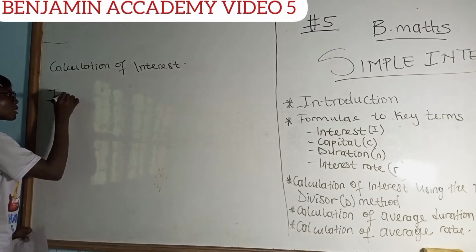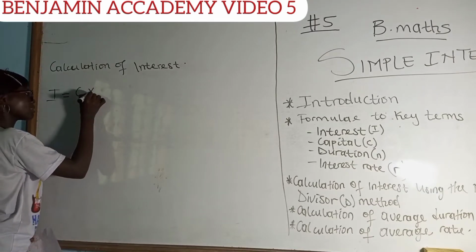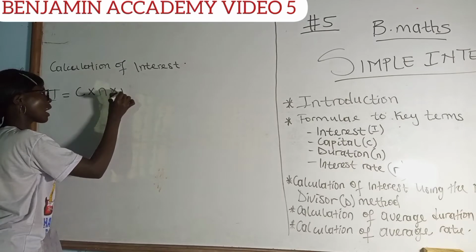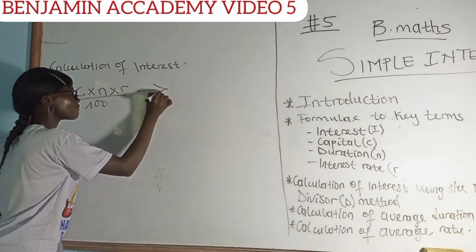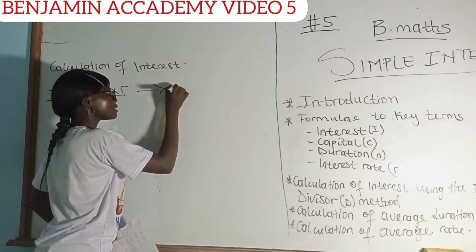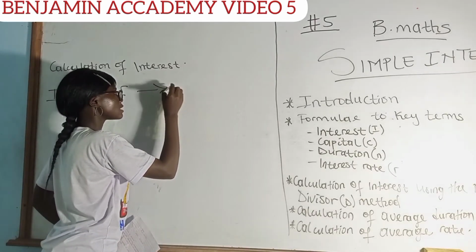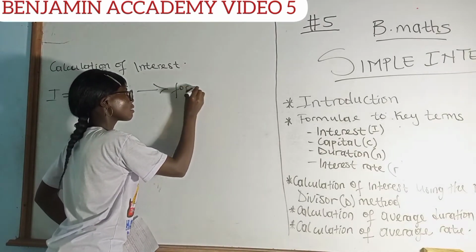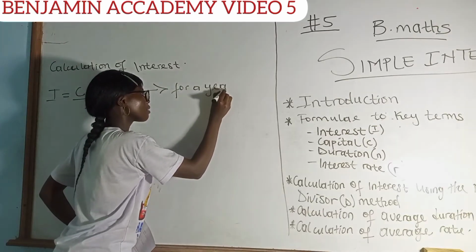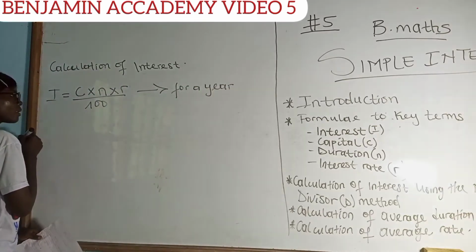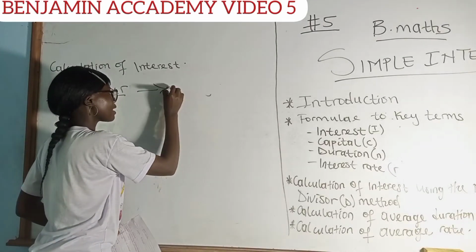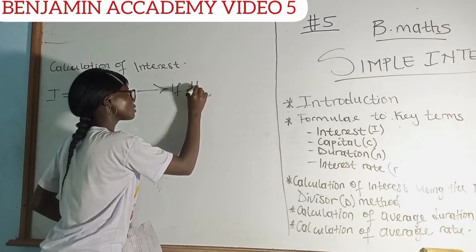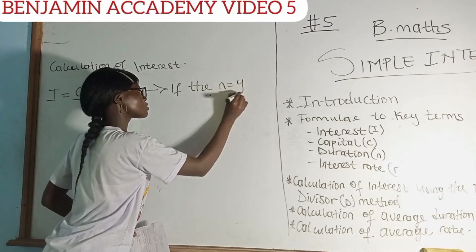Interest is equal to capital, which is C, times N, the duration, times R, the rate, divided by 100 if the investment is for a year, that is, if N is in years.